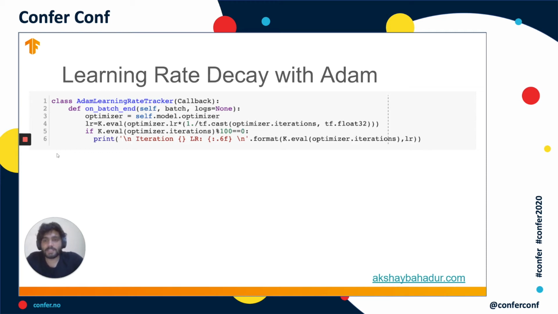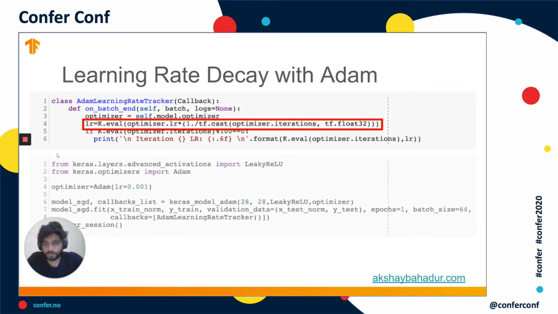On every batch end, I want to divide my learning rate by the number of iterations. So if I'm on the first iteration, it's going to be fine. If I'm on the 100th iteration, it's going to divide my learning rate by 100. So you keep on decreasing the learning rate, so that as you go towards the minima, you stop at that. You don't want to keep on learning even after you are at minima.